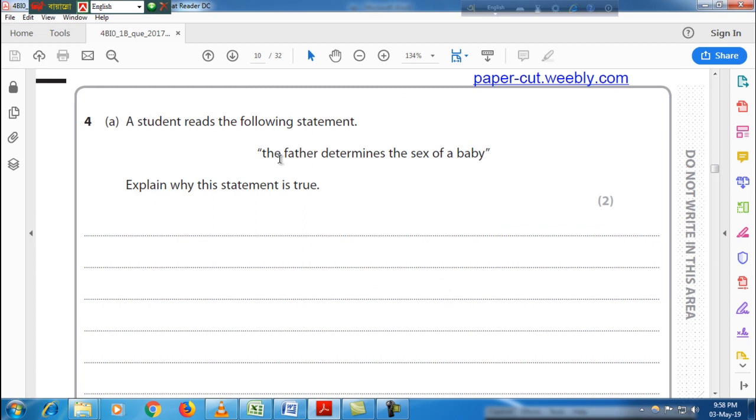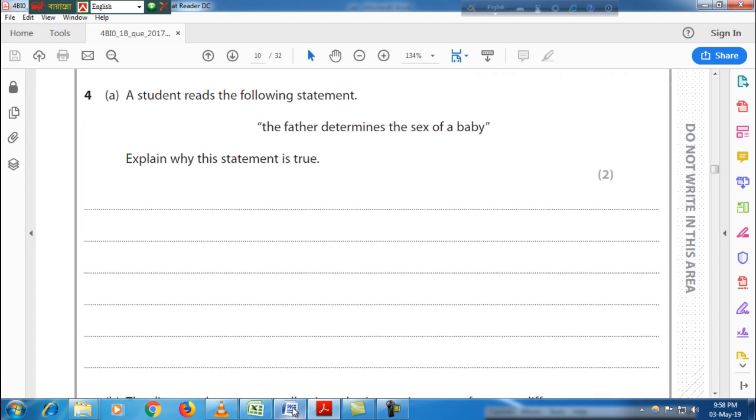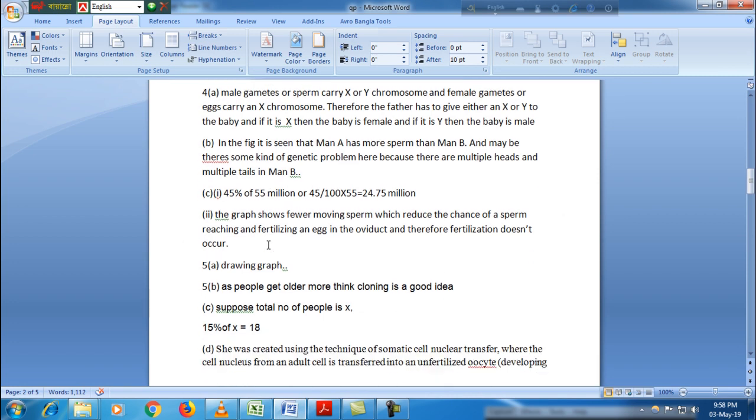Number 4. A. A student reads the following statement. The father determines the sex of a baby. Explain why this statement is true. It is because male gametes, or sperm, carry an X or Y chromosome, and female gametes, or eggs, carry an X chromosome.